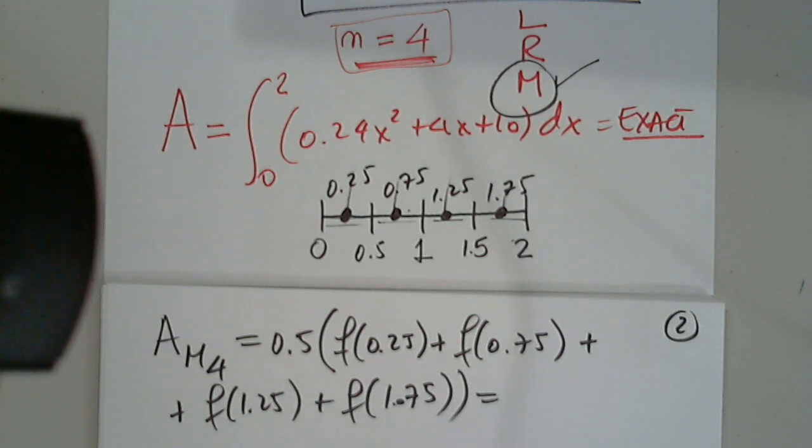So now when I hit enter, the calculator will do 0.5 times 0.24 times 0.25 squared plus 4 times 0.25 plus 10, and it will put a number here. And it will repeat for the other 3. So I press enter, all 4 numbers pop up at once. And now I go out of there, second and quit, and go back to stats and do one variable stats.